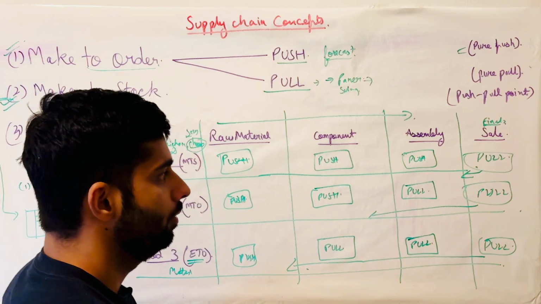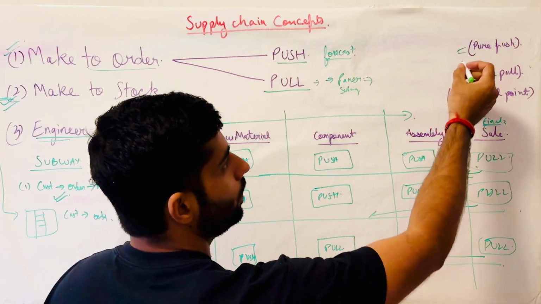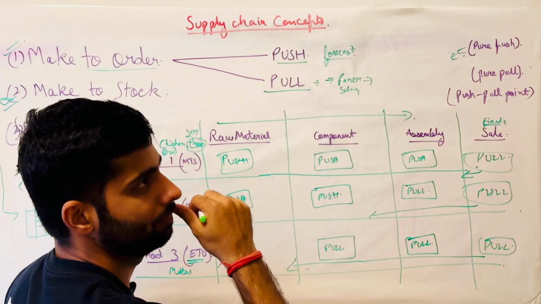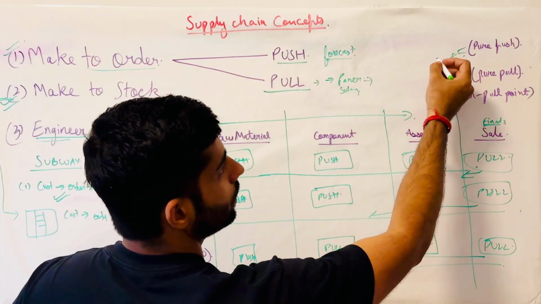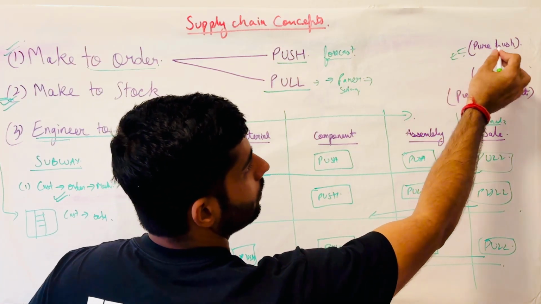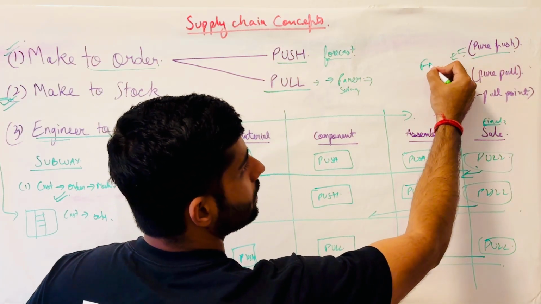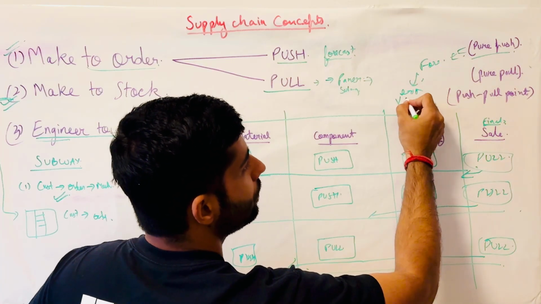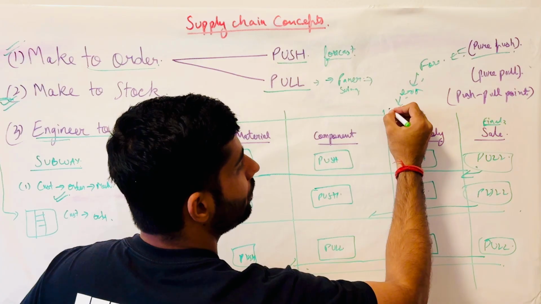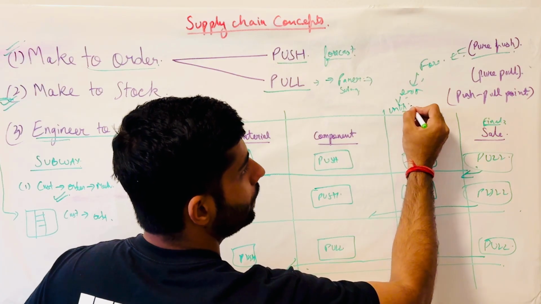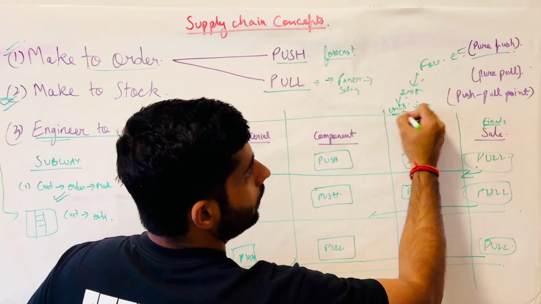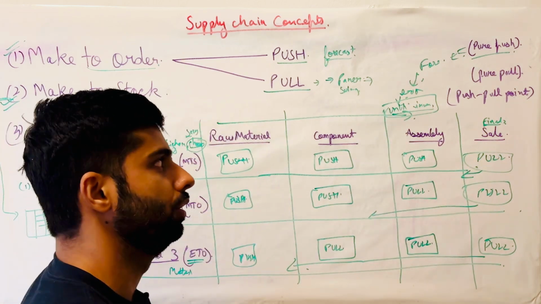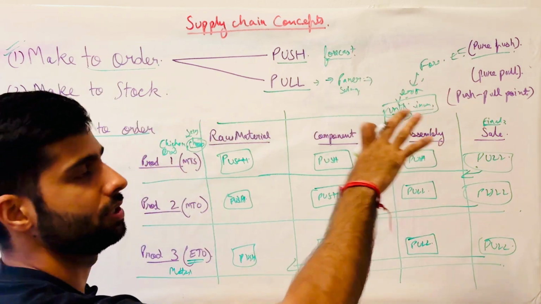It is seen, but there is a problem with this entire push thing, where you would rarely find anything which is end-to-end push, because the entire push is based on forecasting. Forecasting often has errors. If you have errors, you end up with a lot of unutilized inventory, which means greater chances of you losing money on a pure push process.